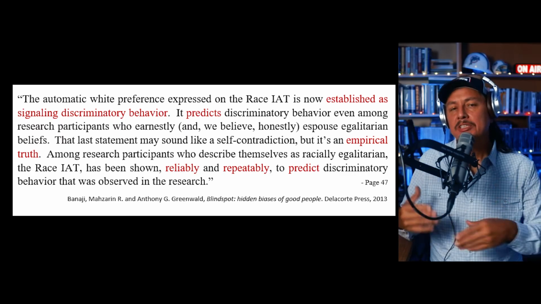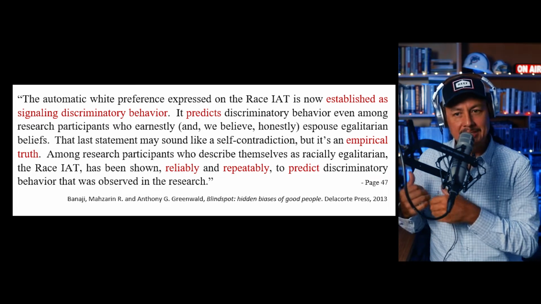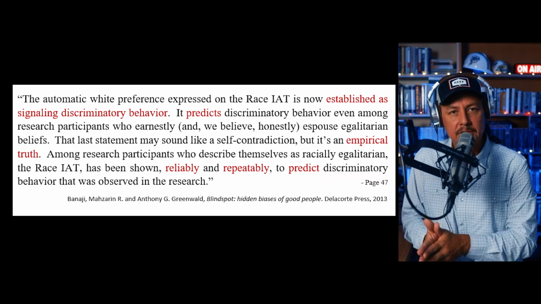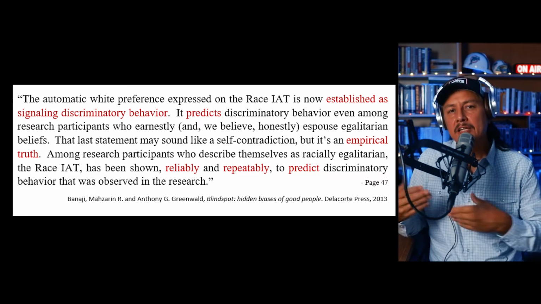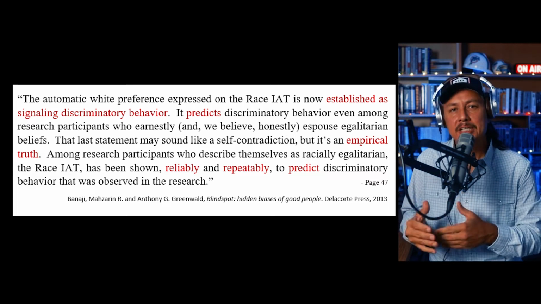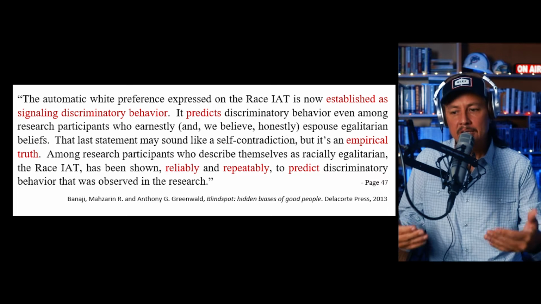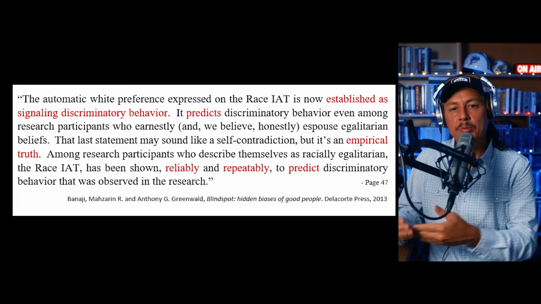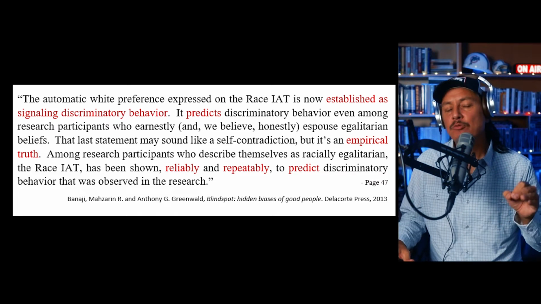Now, what I'd like everyone to notice is the strength of those statements, the certainty of those statements, and the certainty of their conclusions. Keep those statements in the back of your mind because not only are they claiming that the implicit association test is established science backed by empirical results, but that it has predictive power, predicting discriminatory behavior, both reliably and repeatedly.